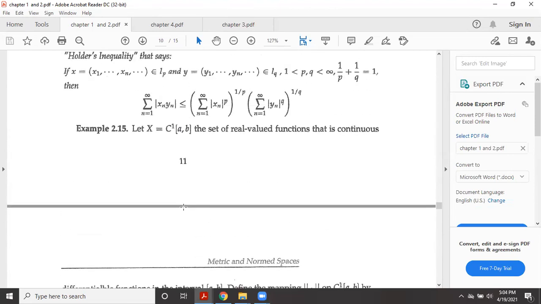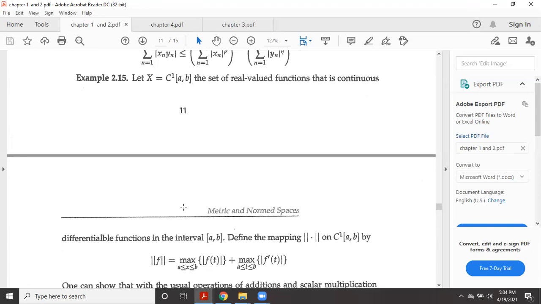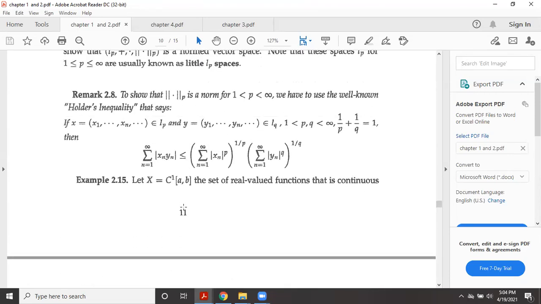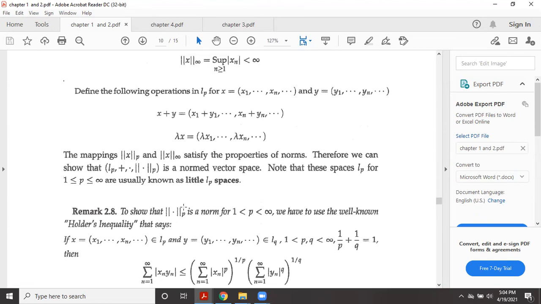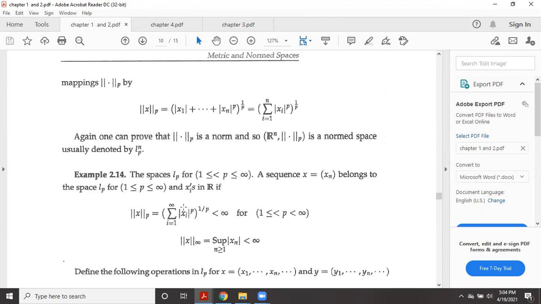So from example 2.15 onward, I have already shared this document with you. You can even consider example 2.14 and example 2.13 as well.